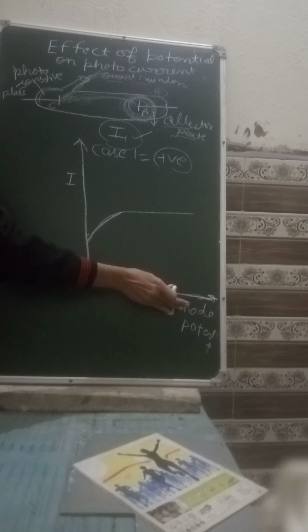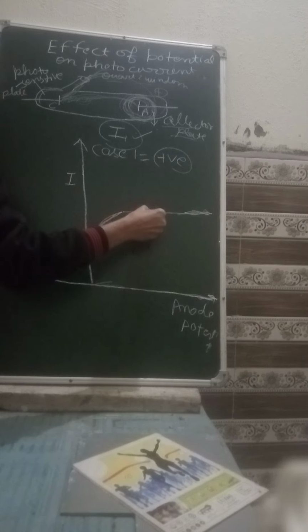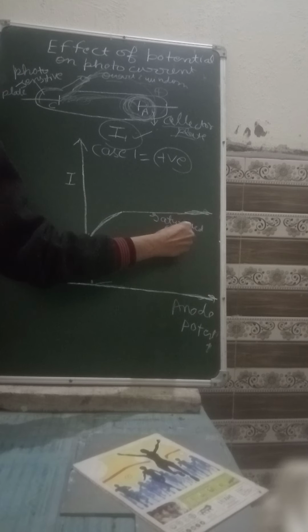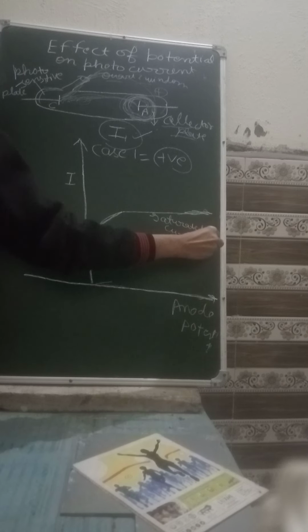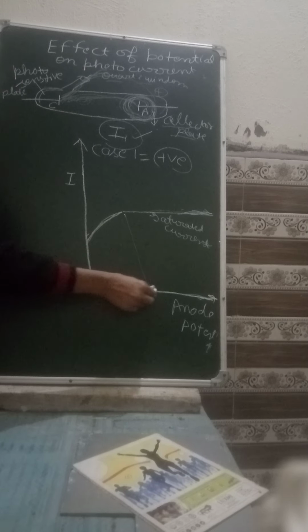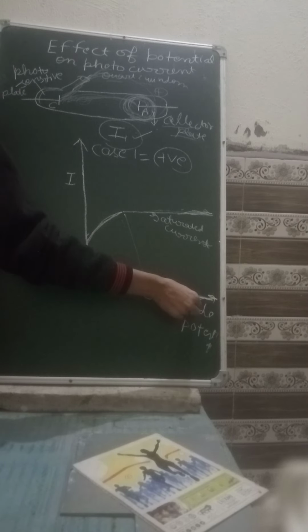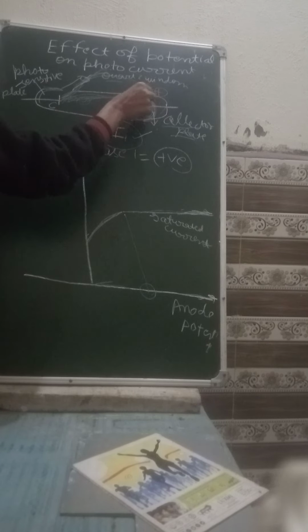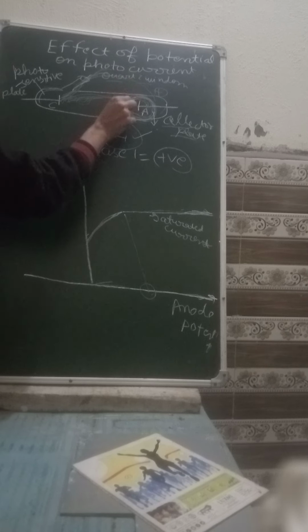No matter how much we increase the anode potential, the current will become saturated. This becomes the saturation current. From this point, no matter how much we increase the potential, the current will not increase further because the plate has stopped collecting electrons.